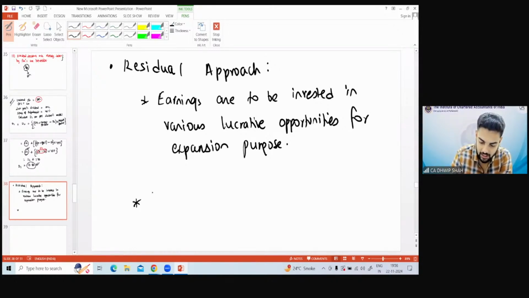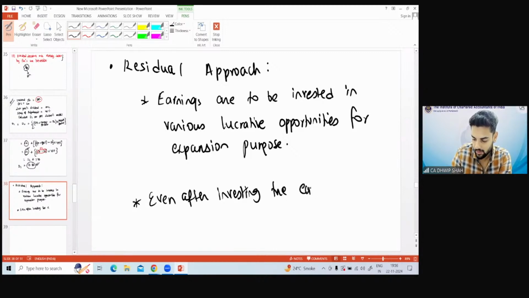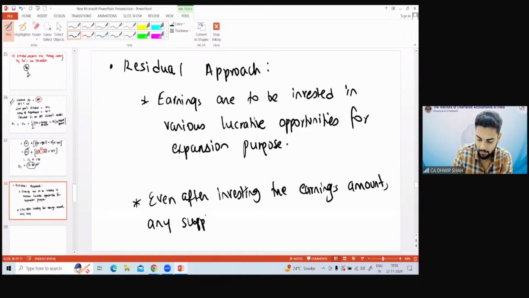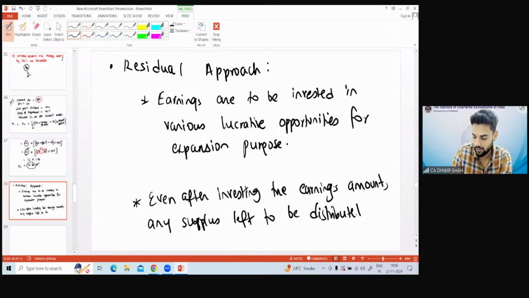Next, even after investing the earnings amount, any surplus left is to be distributed as dividend.